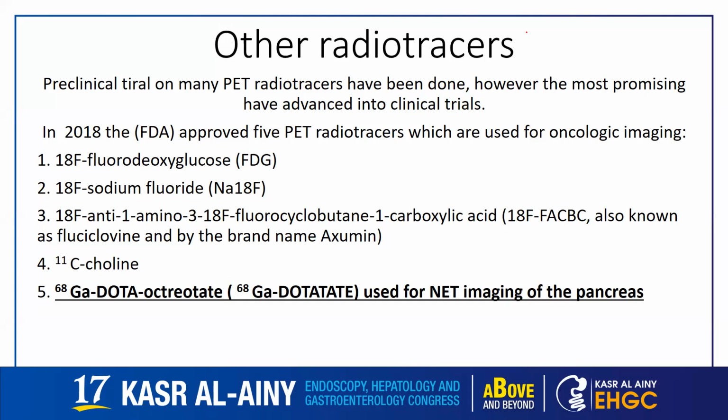In 2018, the FDA approved 5 PET radiotracers which are used for oncological imaging. The most commonly noted on the market is 18-fluorodeoxyglucose, FDG, and the other one is gallium dotatate, used for imaging neuroendocrine tumors of the pancreas.